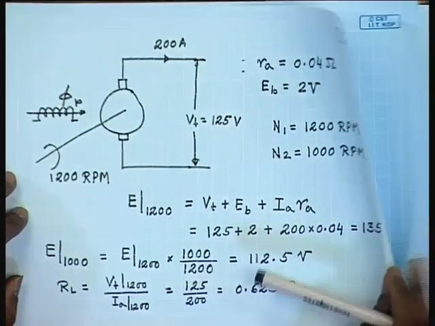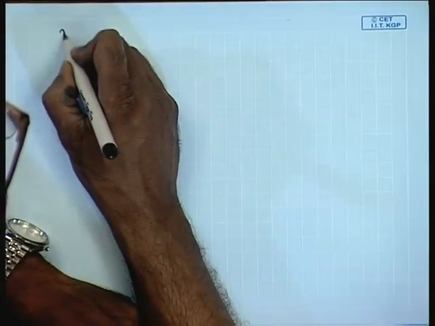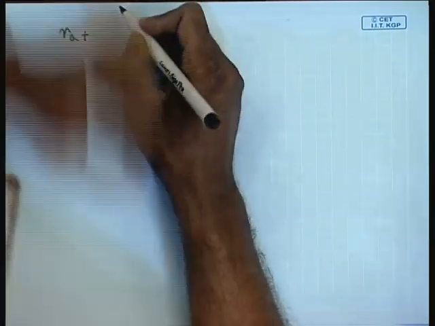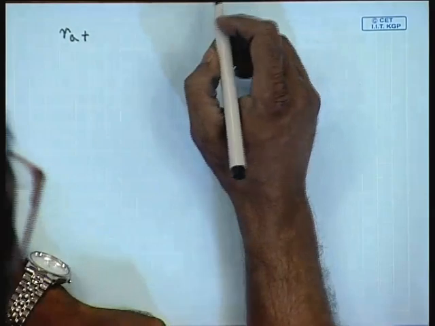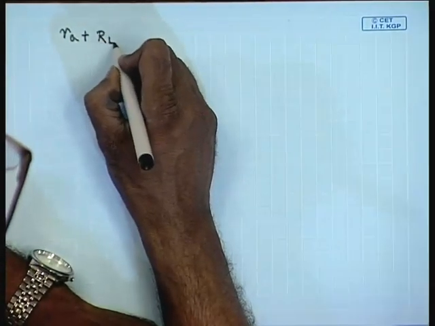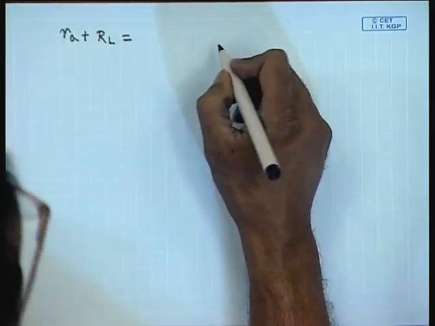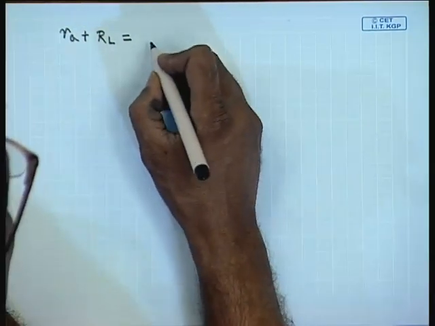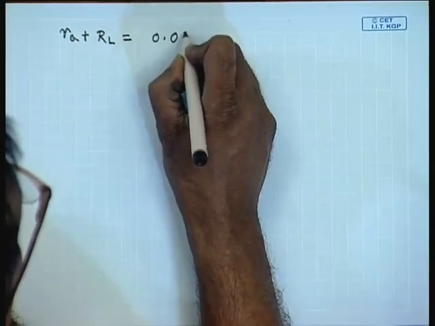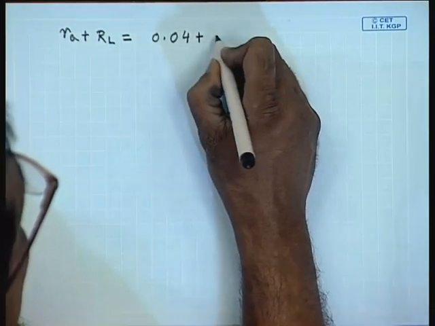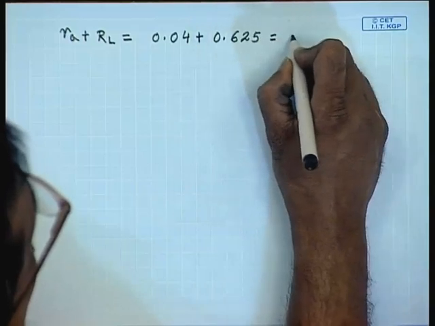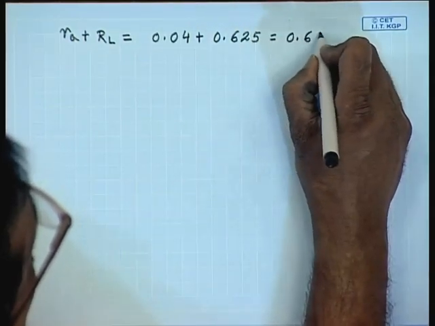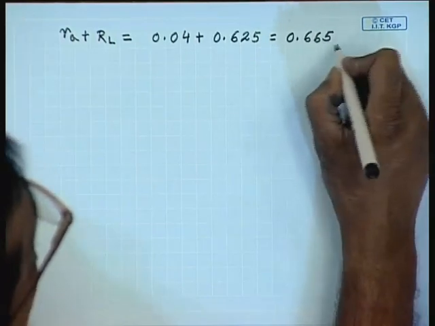Hence, the total armature circuit resistance Ra plus RL equal to 0.04 plus 0.625 equal to 0.665 ohm.